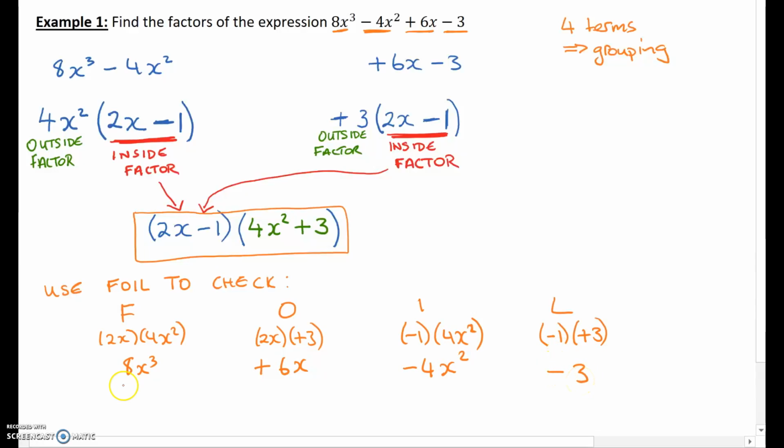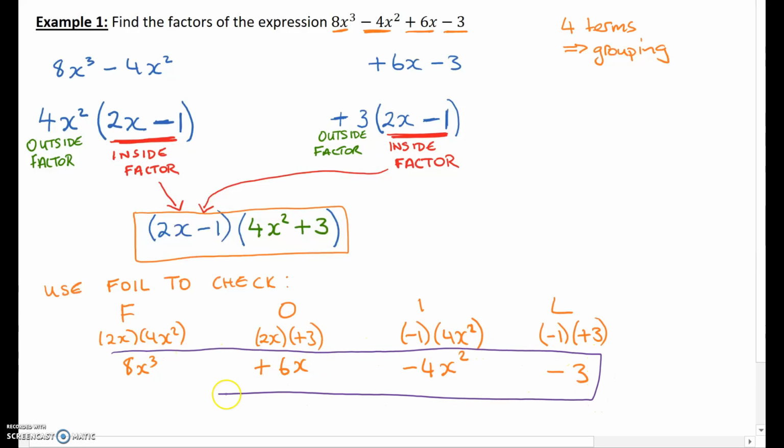Now, if you compare this to this, the original question, we can see that even though the order is different, 8x cubed minus 4x squared plus 6x minus 3, all the terms are the same, so the expressions are the same, and that means these are the correct factors.